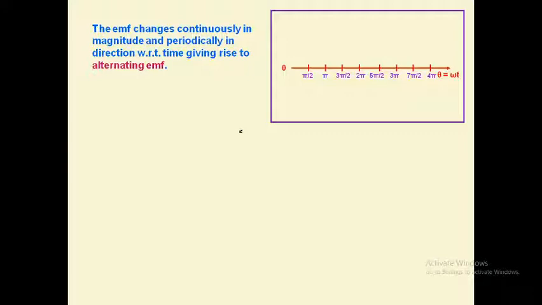So there are 90 degree intervals. In terms of rotation of the coil, 90 degrees means a quarter of a rotation. If you have a coil, the complete rotation is 360. But if I am saying 90, it means 1/4 of the rotation. So T by 4, T by 2, 3T by 4, where T is the time period for rotation.